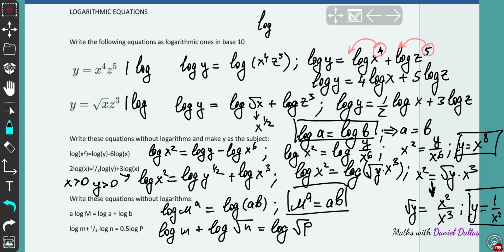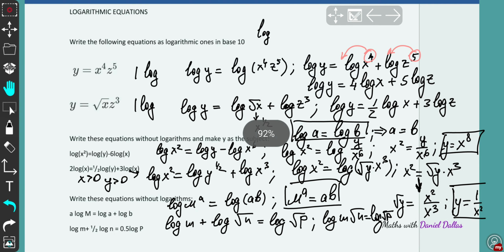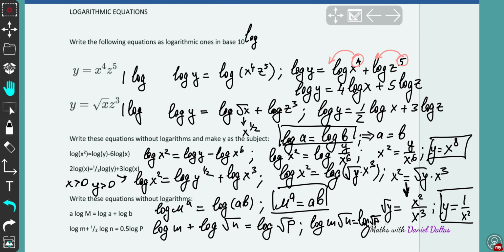So again, we are adding two logs with the same base, so we can multiply m and the square root of n. So we'll get log of m square root of n, and that will be equivalent to log square root of p. Okay, so I know that's a little unusual, but it works this way.